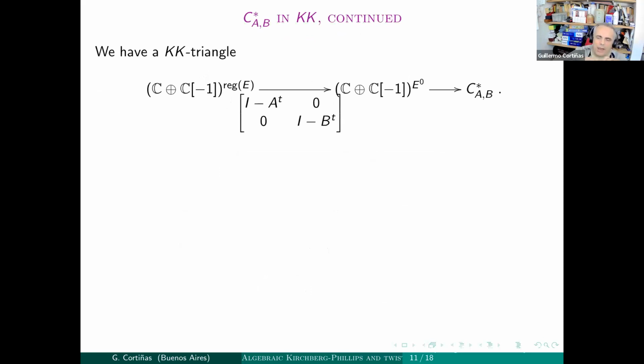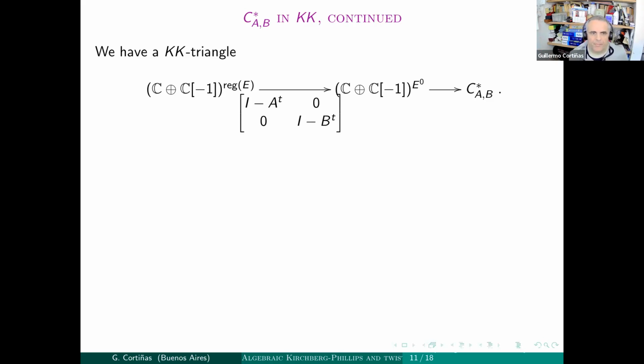And when you take an algebra extension of C star algebras and you look at it in KK, you get what is called a distinguished triangle in the triangulated structure of KK, which means that if you apply the KK groups, on any side you get long exact sequences, which, since Bott periodicity tells you that if you apply suspension twice, you get the identity, are not so long. They have 6 terms.